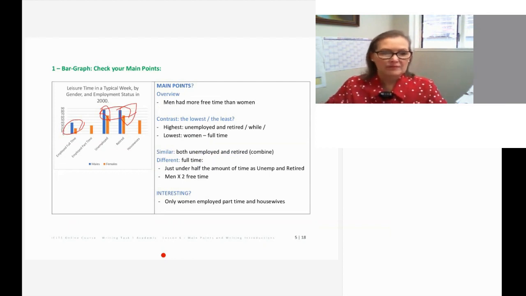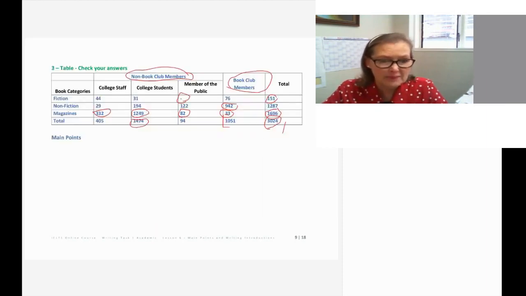And now we're going to think about paraphrasing the given task. So this is the task that I was given, and we're going to rephrase that.